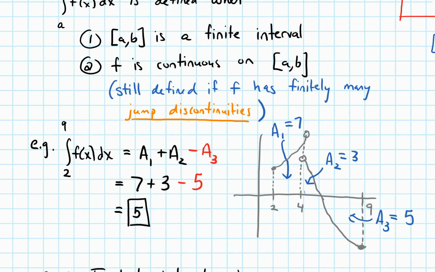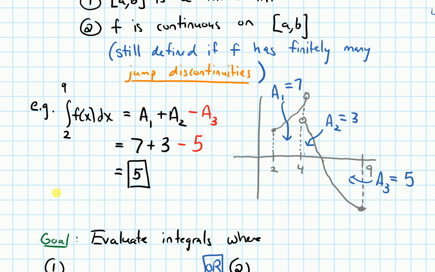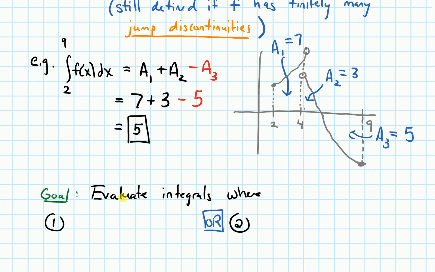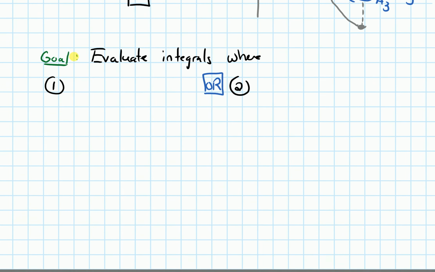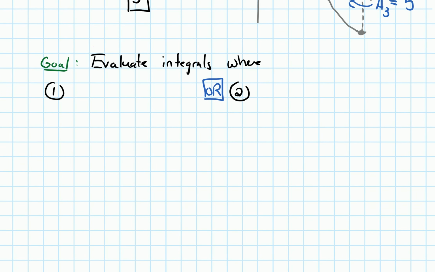All right, so our goal in this section is to evaluate a bigger class of integrals than just the ones that we've been able to do up until this point. We are now going to try to evaluate integrals where one of two things happen. The first possibility is, what if the interval from a to b is no longer finite?